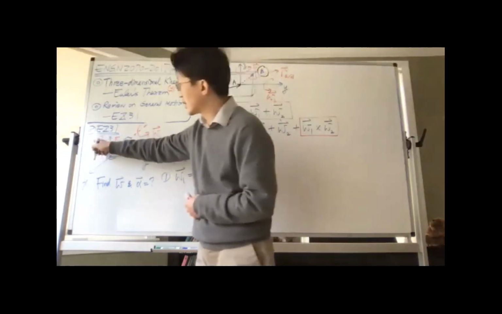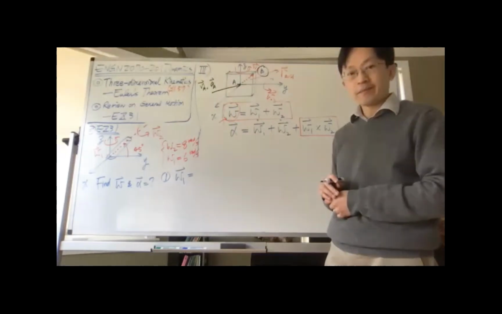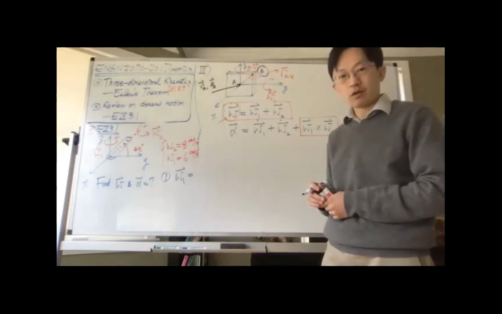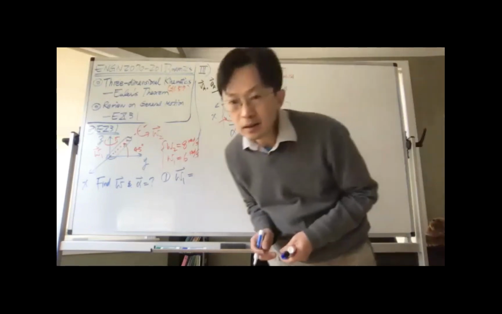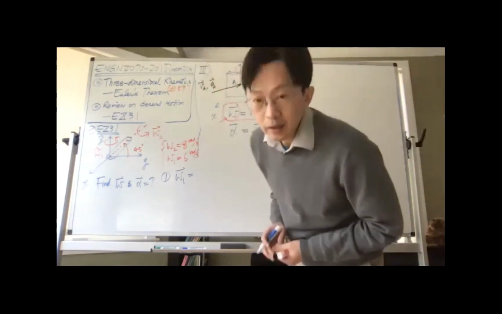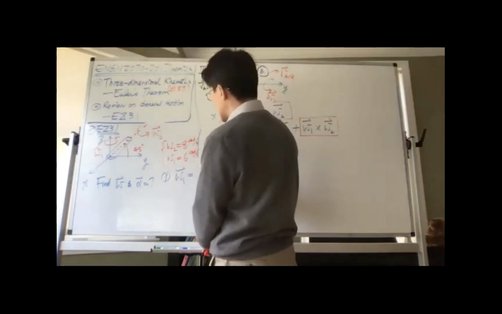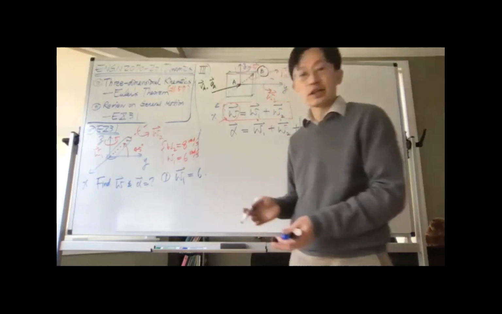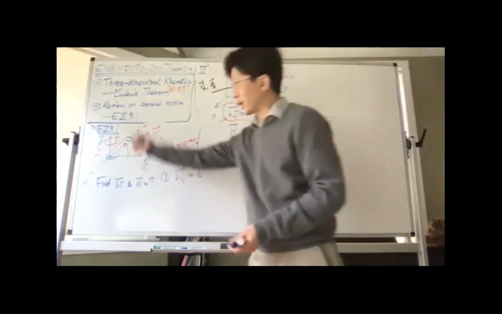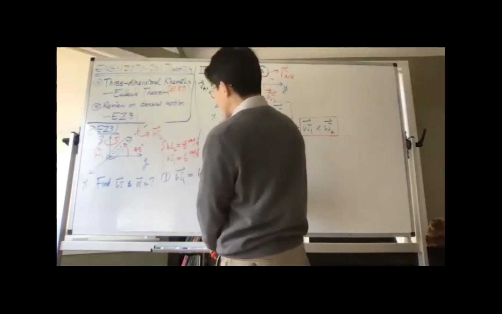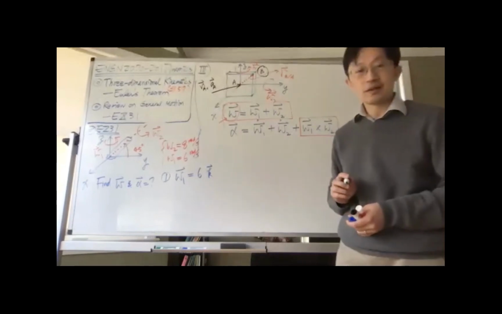Omega 1 is just the spinning of the coordinate system about the z-axis. Yes, Alden's correct. Omega 1 is just 6 times, if you use ijk, k. Is it positive or negative? It's positive, right? Because it's going up. So it's positive 6k, and the k arrow means the unit vector.